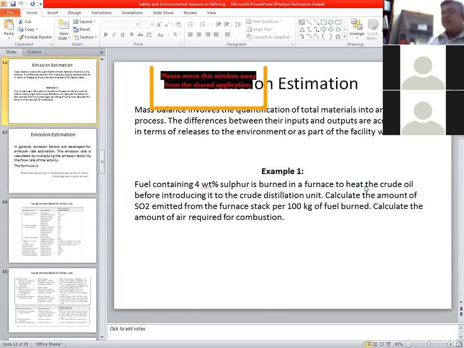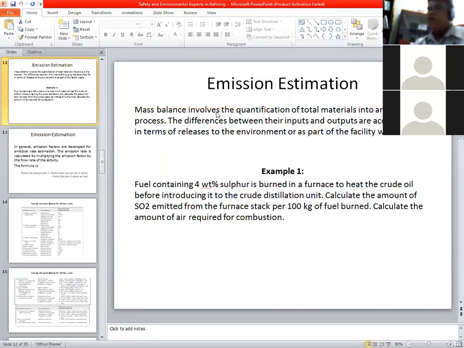You understood how you got that 8 kilogram, right? Because the amount of sulfur in fuel we got was 4 kg. So 4 divided by molecular weight of sulfur times molecular weight of sulfur dioxide. So we got 8 kg of sulfur dioxide.